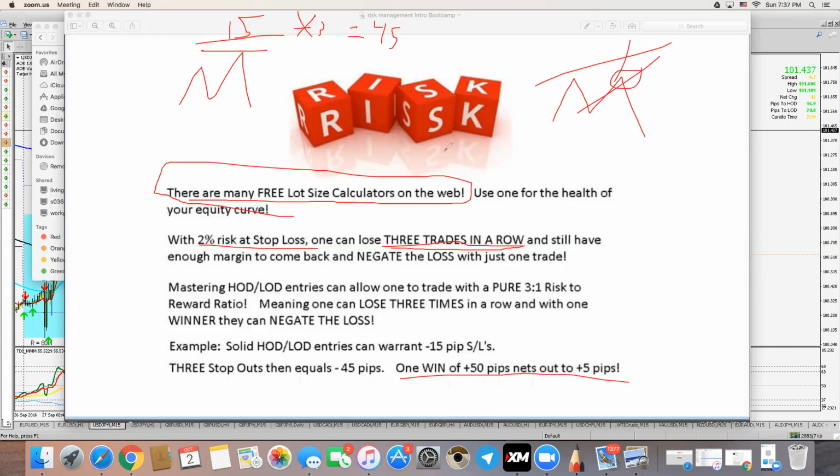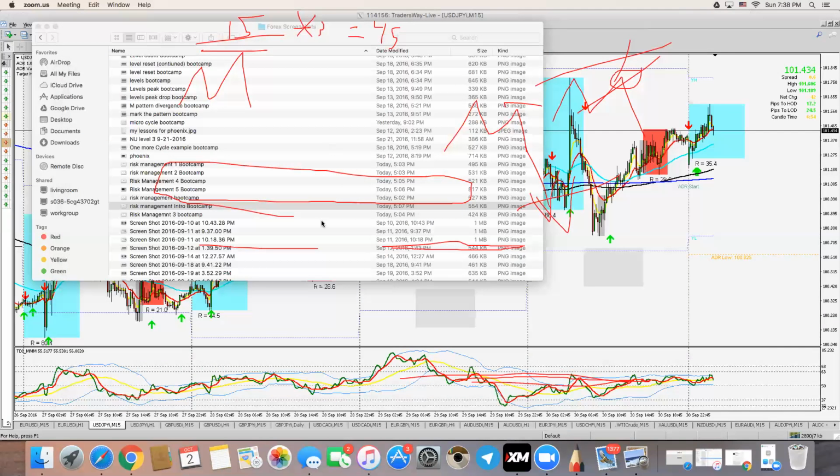If you take 1 and this actually pays out and it hits your 50, you can net out 5+ pips. Okay. All right. Now let me show you another picture.